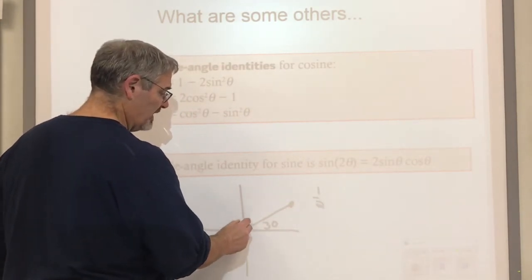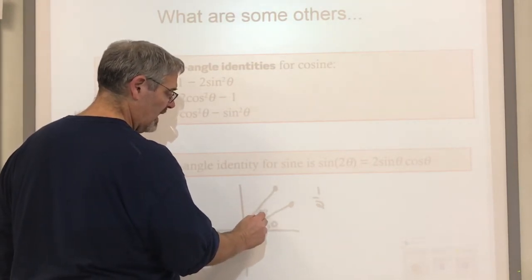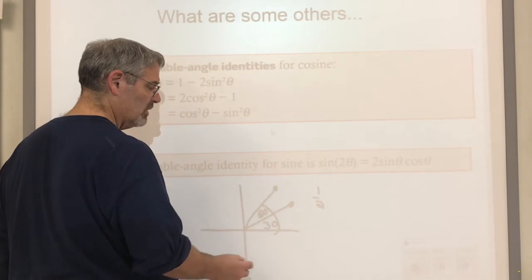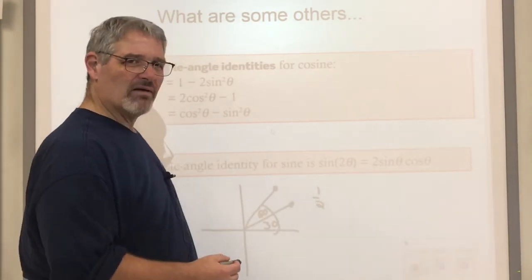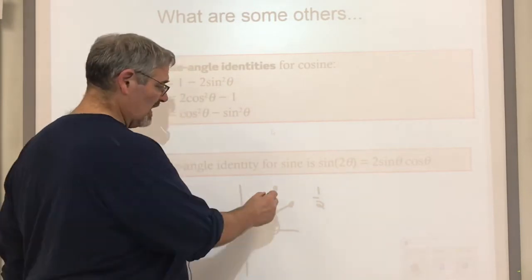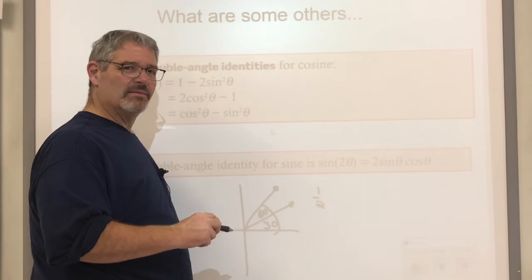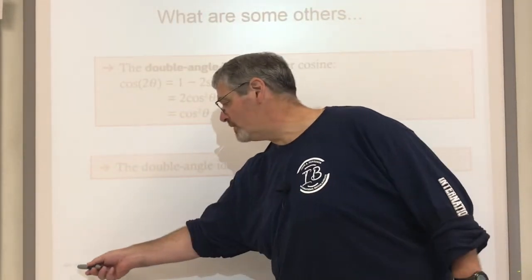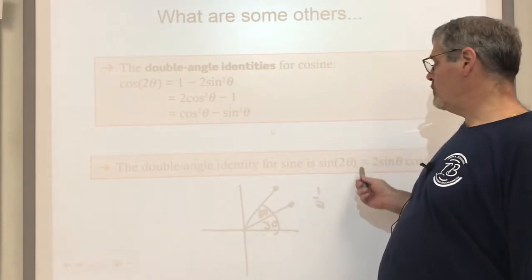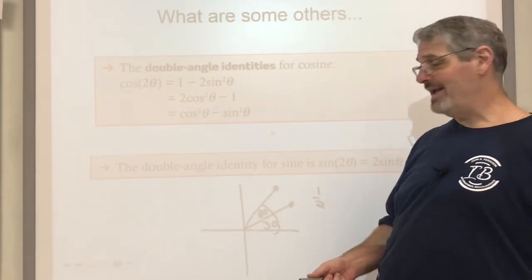Well, if I double that, and now I have 30 and 30, and I have 60, do I just double the sine? Well, what is double 1/2? It's 1. Is the sine of 60 equal to 1? No, it's not, is it? Okay, so we have to learn what to do in those situations. So we're going to use both of these identities to solve equations and find theta.